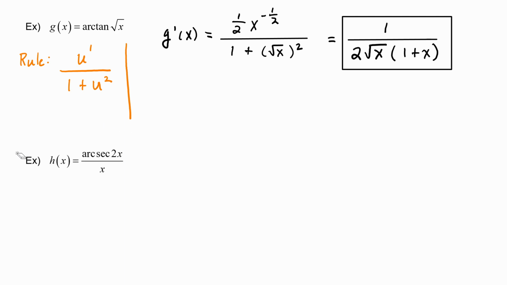In this next example, h of x is equal to arcsecant 2x over x. The rule for finding the derivative of arcsecant is u prime over absolute value of u square root of u squared minus 1.